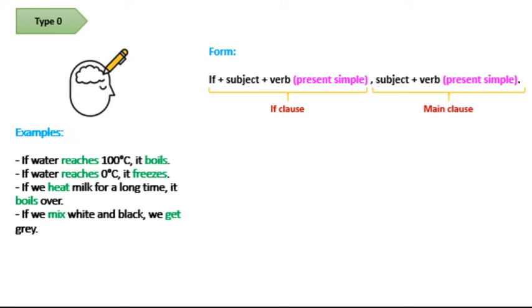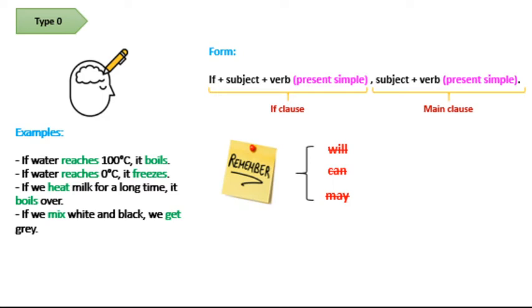In the main clause, or the result clause, we have subject and then the verb in the present simple again, like subject, it, and the verb boils. And remember, we cannot use will, can, or may in the main clause when we speak about the type 0.